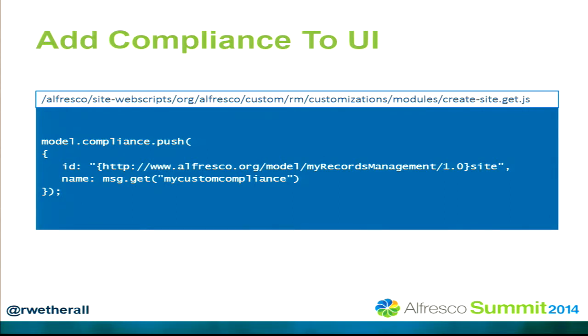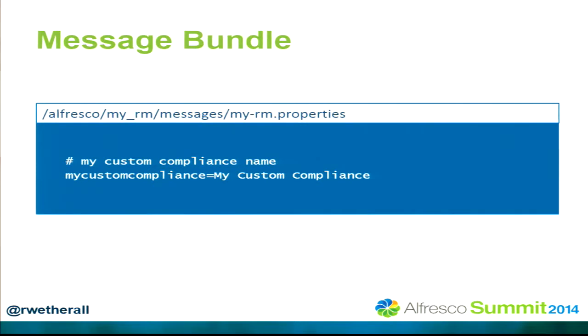Because what we really want to do is grab this compliance list or map and just add our site type and a message. So that's just going to add that entry. You'll see in a minute, it adds an entry to the drop down, and as that gets passed all the way back to the other side, the RM services then know which RM site type to create. So again, this is an RM customization piece.